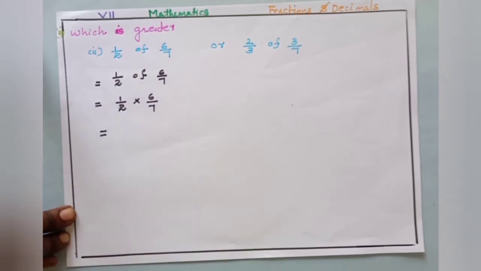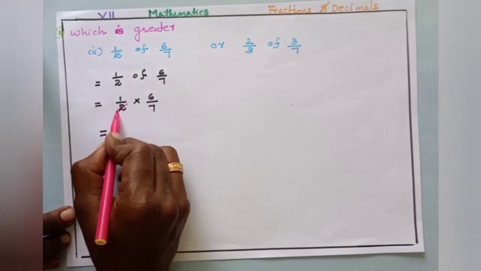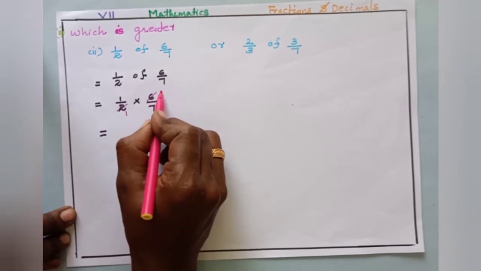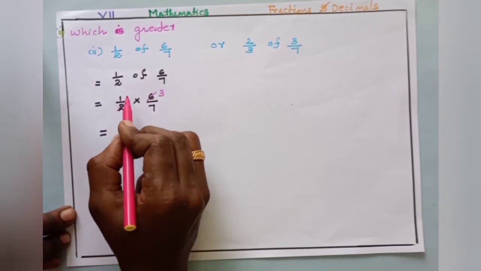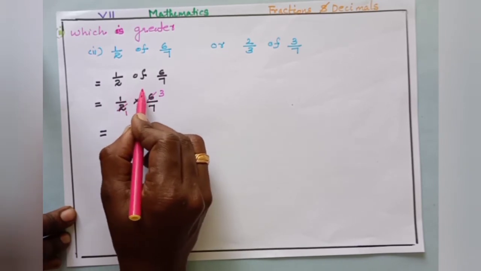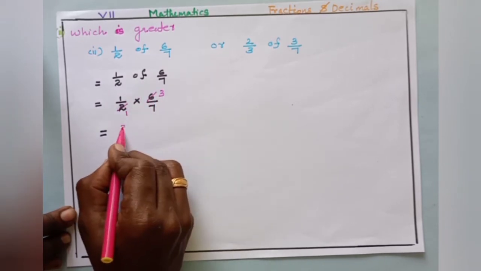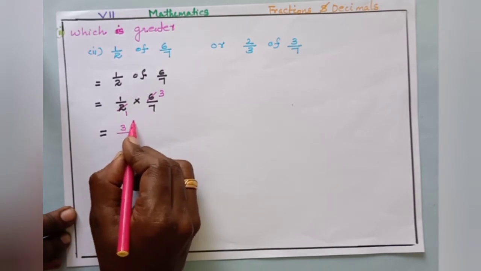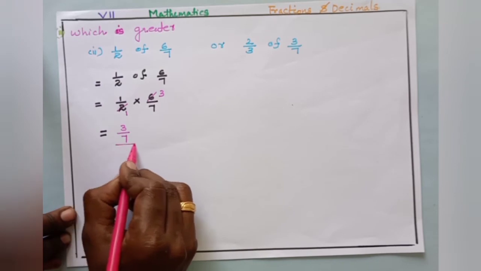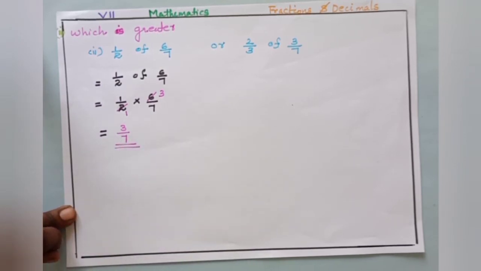Then cancellation by 2, 2 and 6. 2 1 time, 6 3 times. So multiply the numerator 1 into 3, 3 by the denominator 1 into 7, 7. So final answer we get 3 by 7.